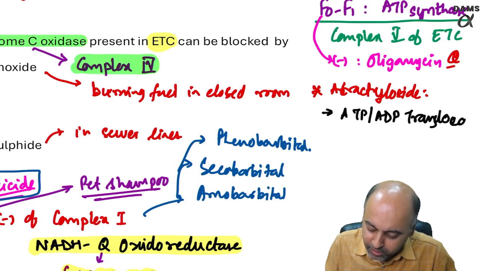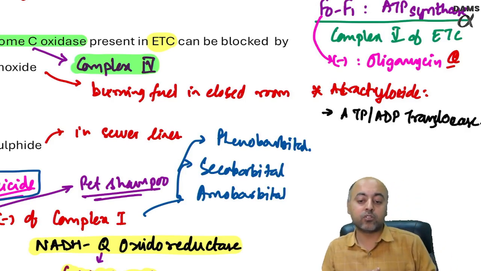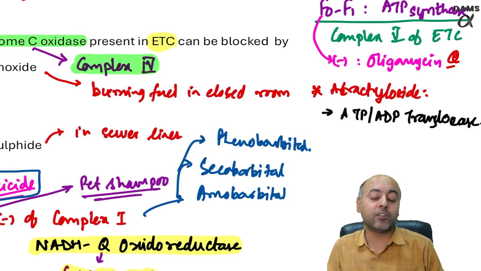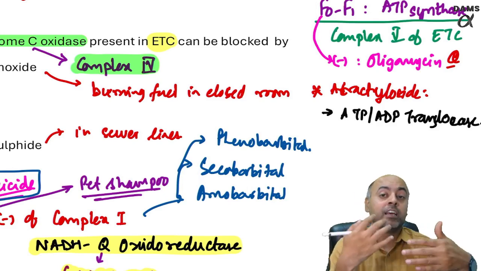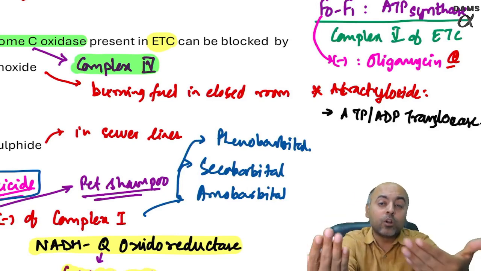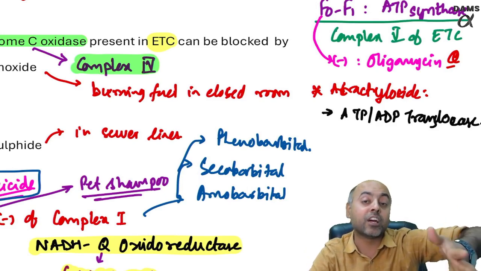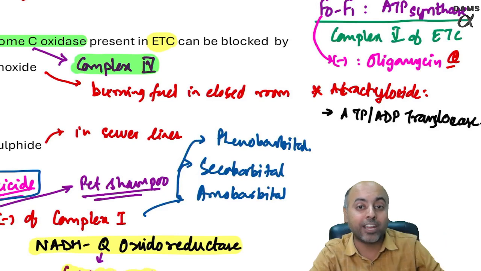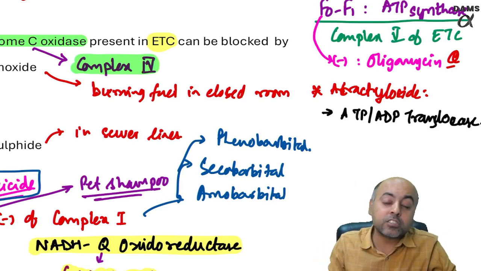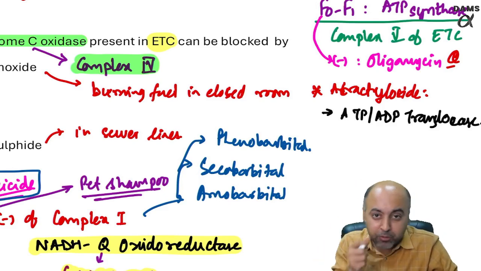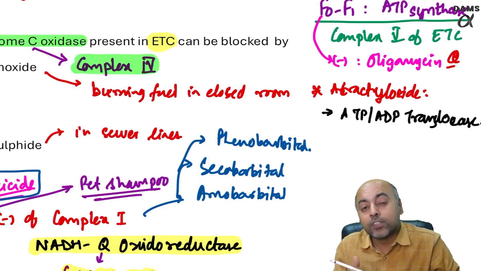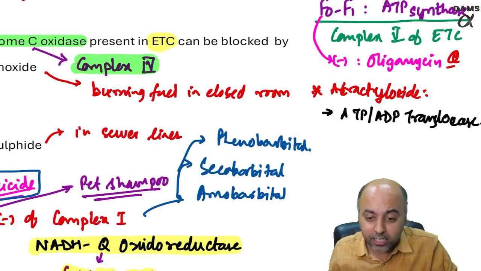Please note, atractyloside will act on the ATP ADP translocase. This enzyme brings out the ATP from the matrix. It will pull out the ATP from the matrix and replace it with another ADP, which can be converted to ATP. So ATP ADP translocase is bringing out the ATP from the matrix after the synthesis, which is inhibited by atractyloside.